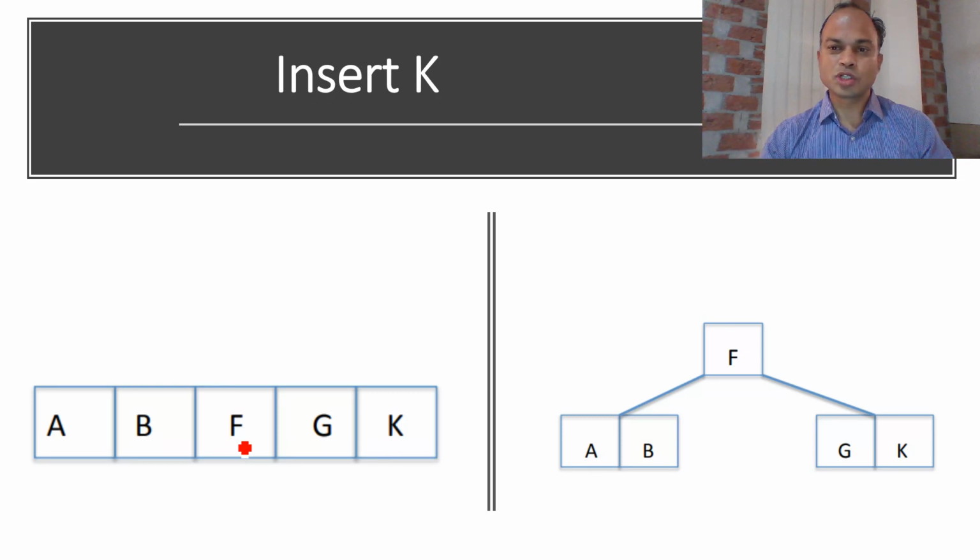Therefore, this node should split into two parts around the mid value. The mid value is F, so we have placed F upward and it has two children. The first child has keys A, B and the second child has keys G and K. In this way, we insert key K.